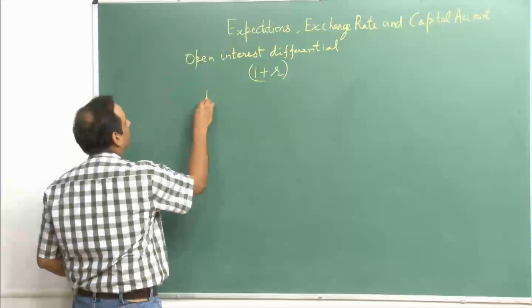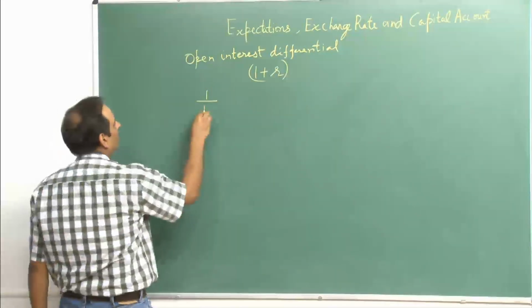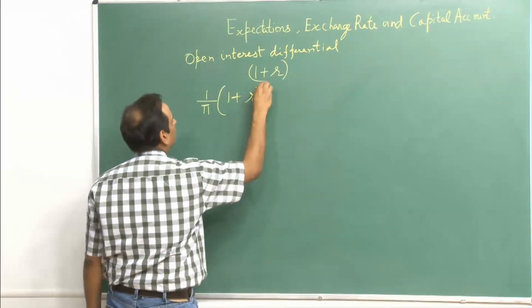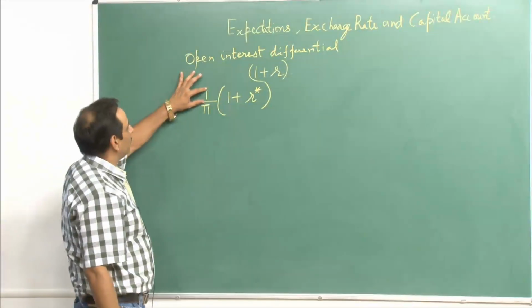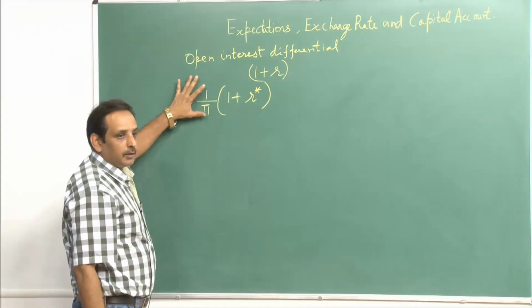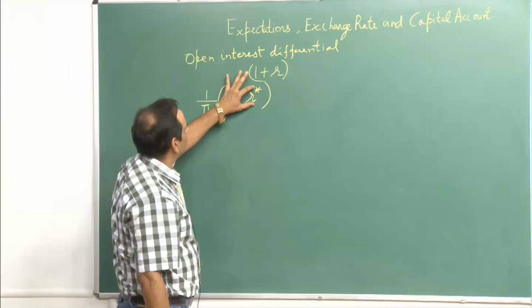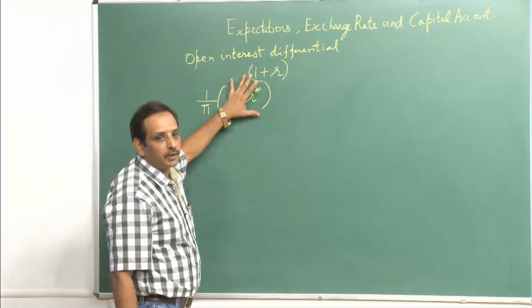If this 1 rupee is converted into US dollars, it will be 1 by pi. The rate of interest that it will get will be r star. So, this is the amount of money in US dollars at the end of the year.